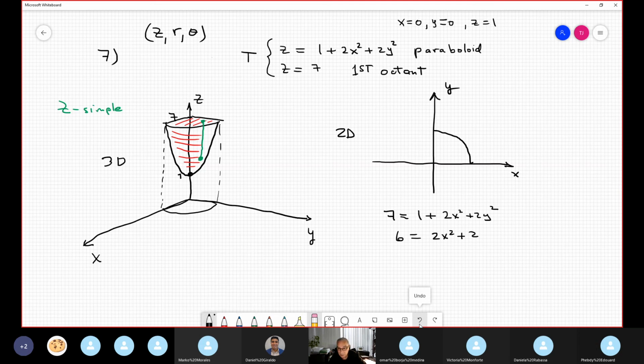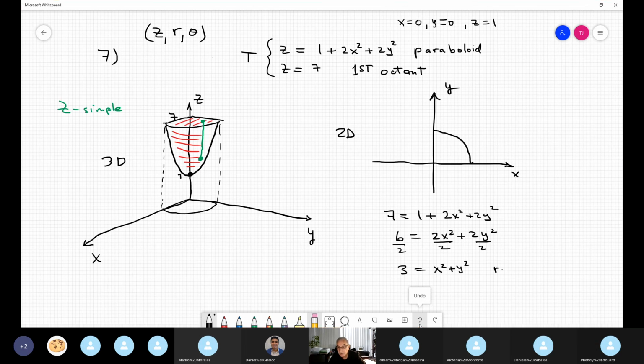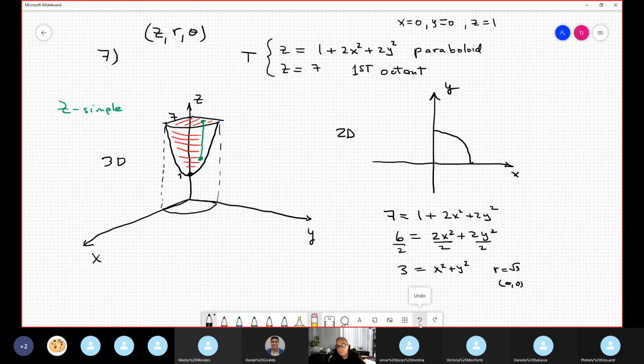You divide the entire equation by 2. Entonces 3 is equal to x squared plus y squared. Wow, I can see clear now. I can see I have a circle. Oh, no, actually it's not a circle, it's a quarter circle, but the radius is radical 3. And the center is at the origin, 0,0. At this point is radical 3. And this point is radical 3.